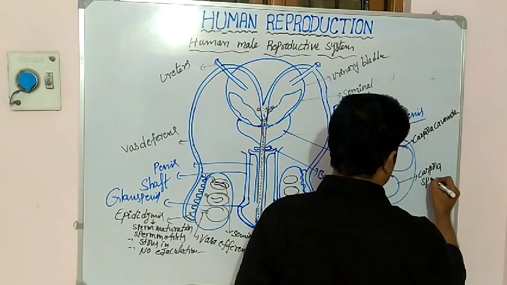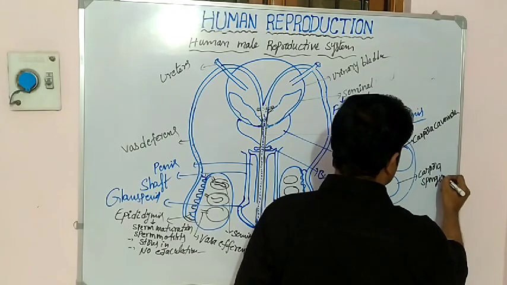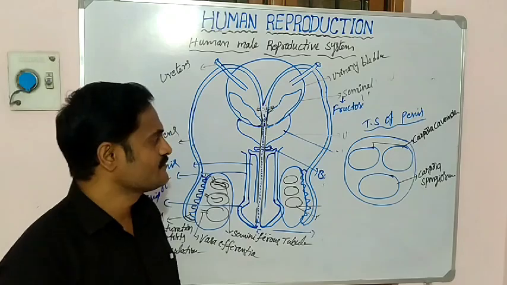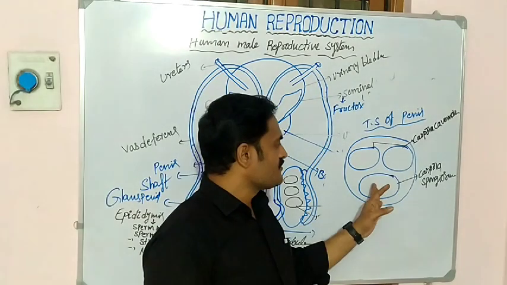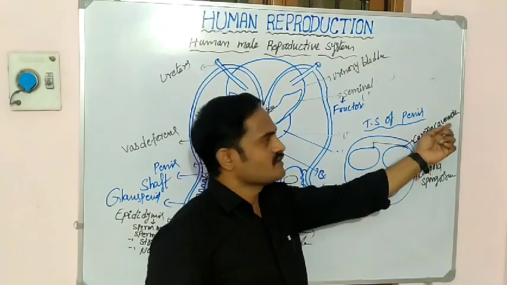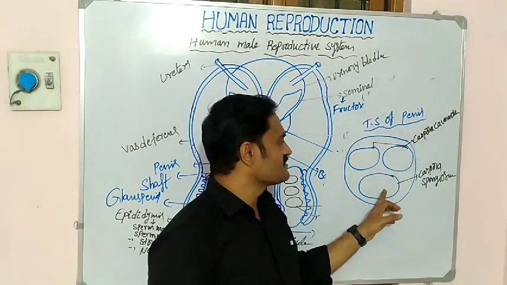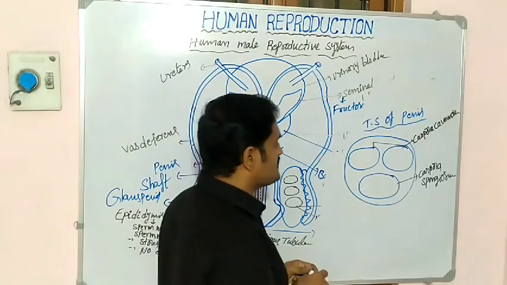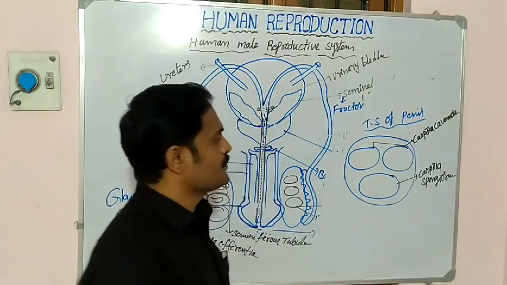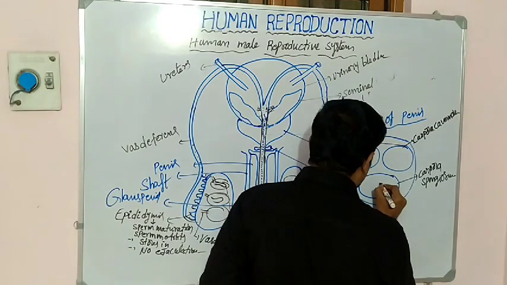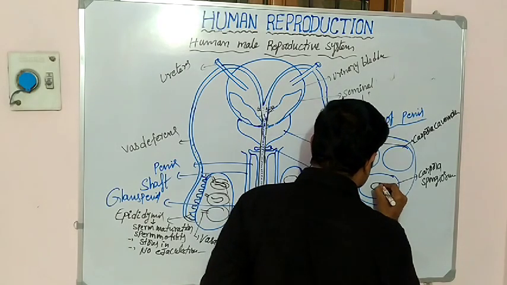Corpora spongiosum. See, when we cut the penis, two types of arrangement are present. One is called corpora cavernosa and the second is called corpora spongiosum. Inside the corpora spongiosum, the urethral opening is there. One tube is inserted into this.